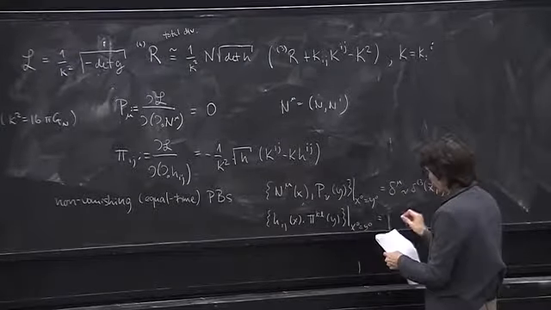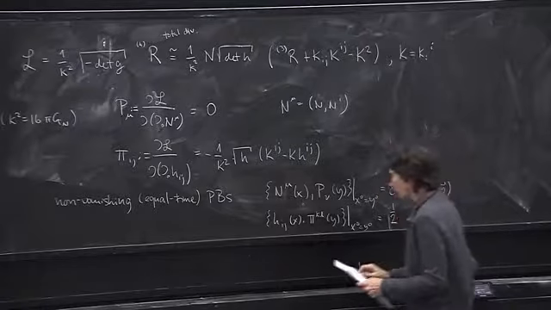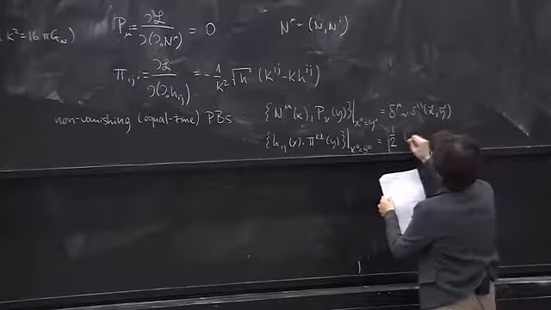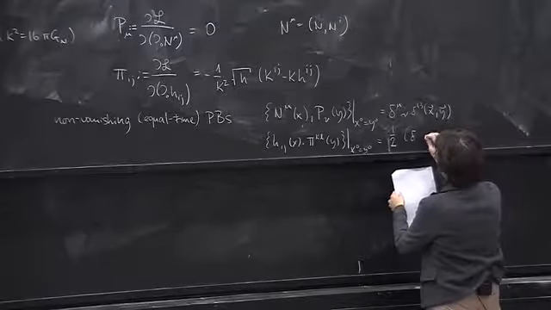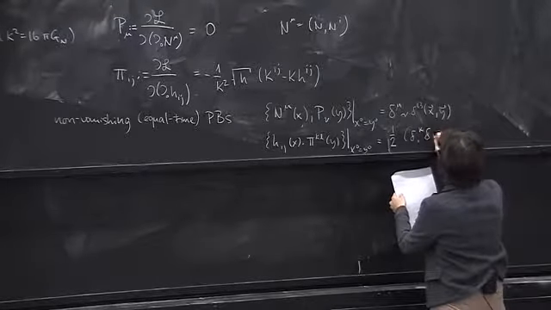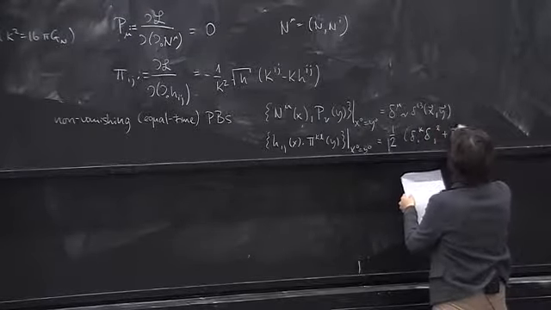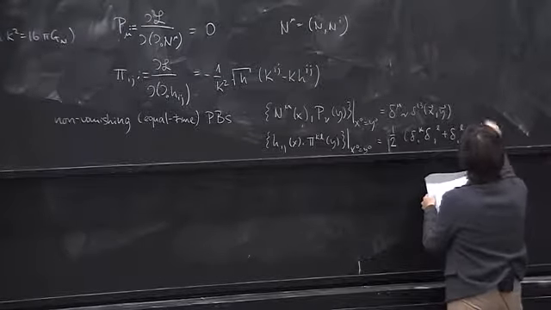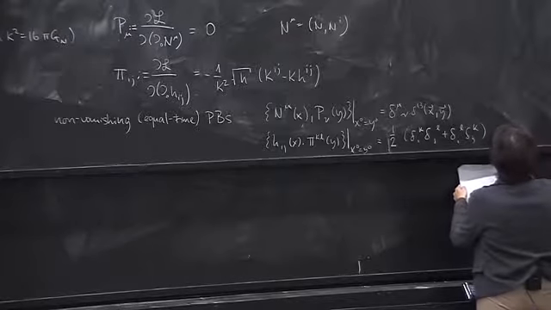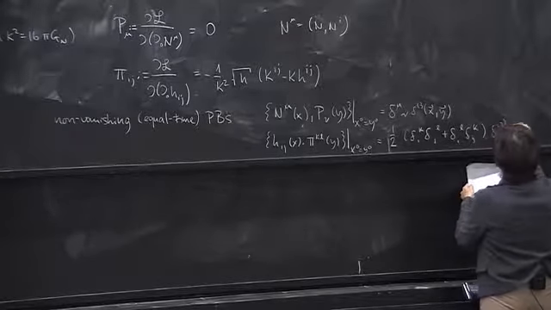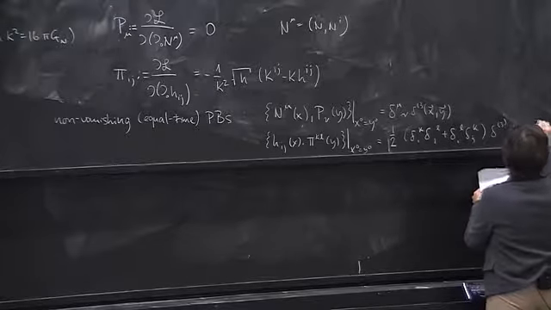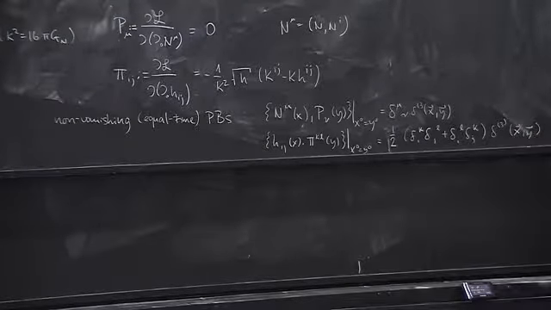So here the right-hand side is 1/2 (δ_i^k δ_j^l + δ_i^l δ_j^k) times the 3-dimensional delta function of x vector, y vector.